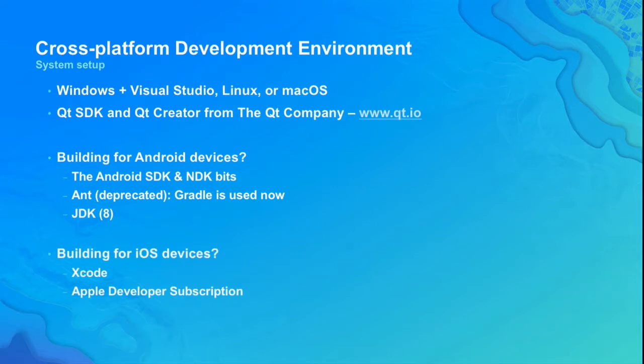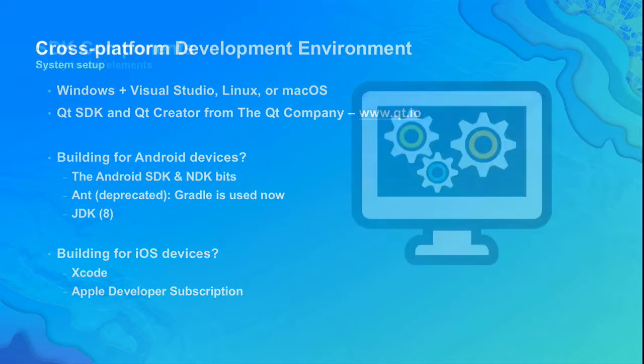And then for iOS devices, along with Mac OS, you'll need Xcode, and that typically comes with the iPhone SDK, which the Qt framework needs. An Apple developer subscription is needed as well to be able to push and test to your iOS devices. So there's a little bit of setup involved there. We've got it nicely documented on our website as well on developers.arcgis.com.